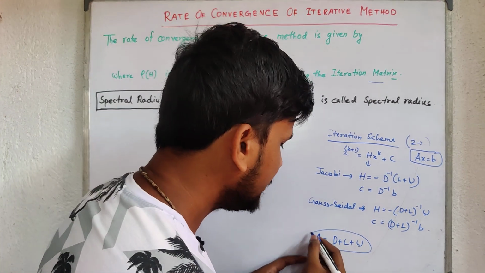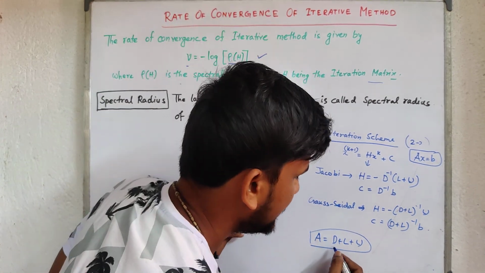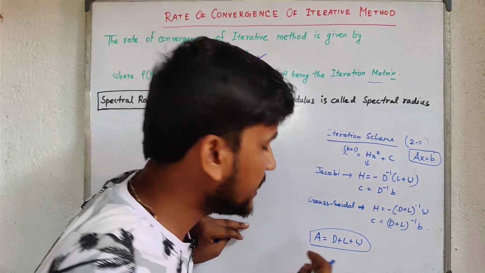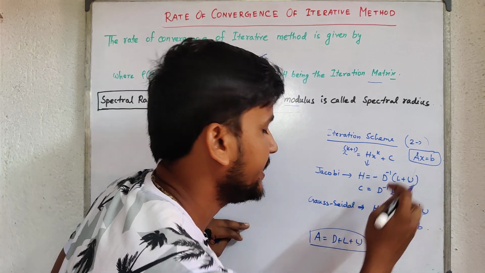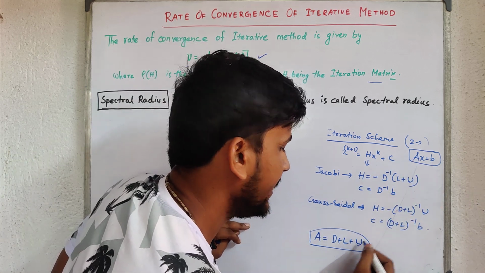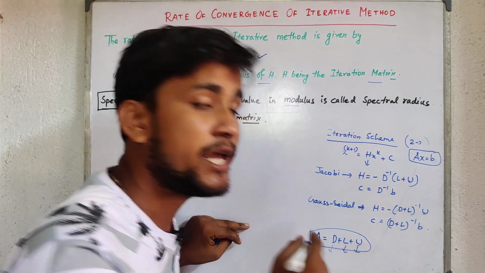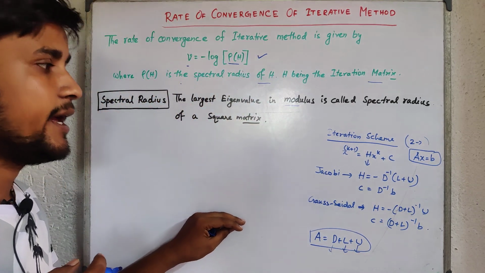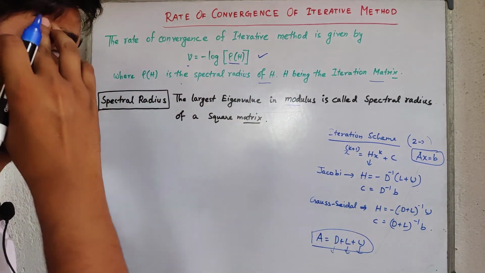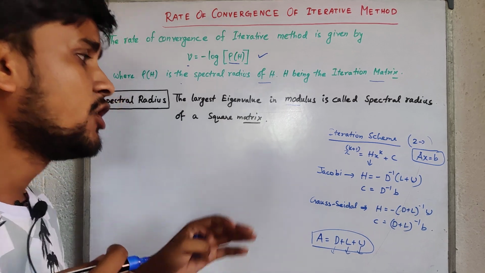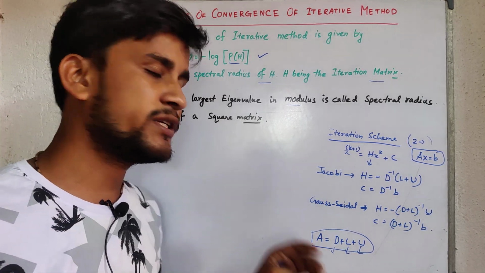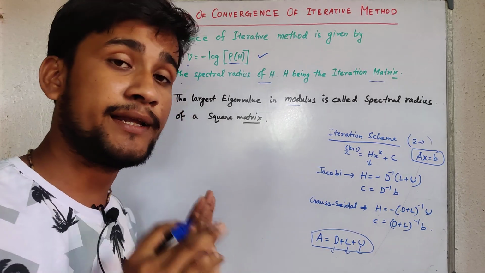Here we write A for the system Ax equal to B as these three matrices, where D is a diagonal matrix, L is a lower triangular matrix, and U is an upper triangular matrix. Then we calculate the Jacobi iteration matrix. Questions based on the Jacobi iteration matrix come in both the CSIR NET exam and the GATE exam.